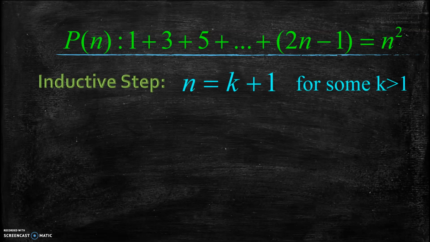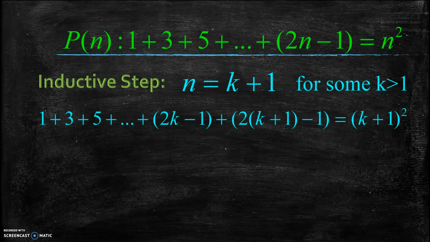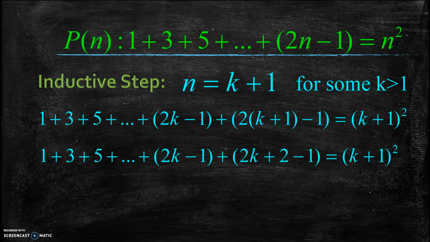In the inductive step, we're going to suppose that P of k holds for some k greater than or equal to 1. We intend to establish that if we add the k plus 1 term to the left-hand side, then our sum will equal k plus 1 squared. By distributing the two, we get that 1 plus 3 plus 5 plus 2k minus 1 plus 2k plus 2 minus 1 would equal the k plus 1 squared term.